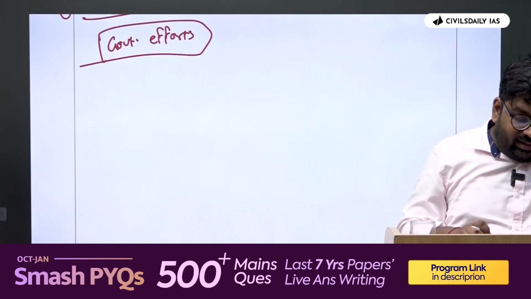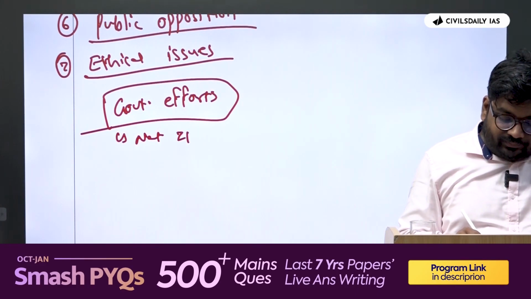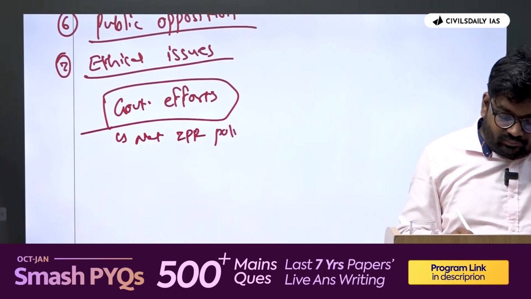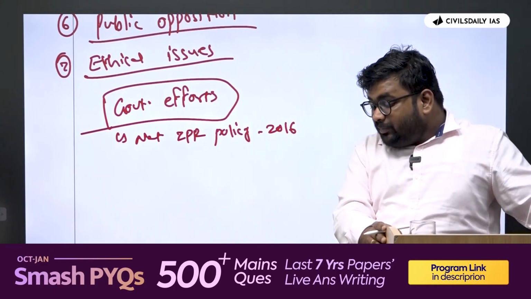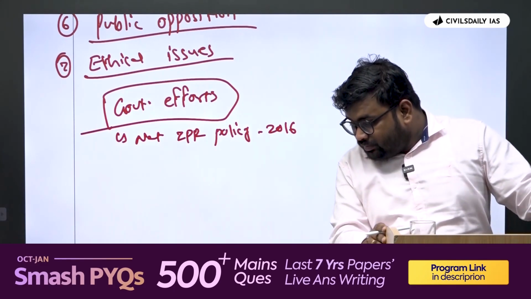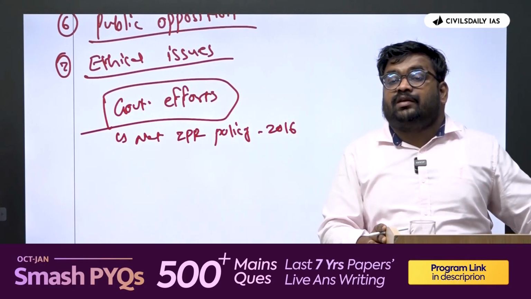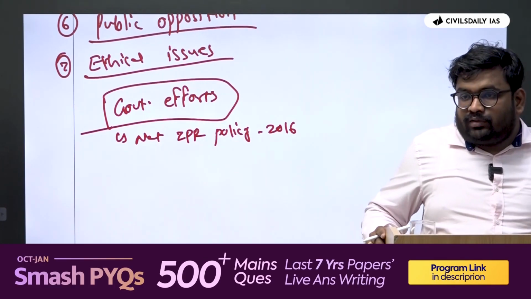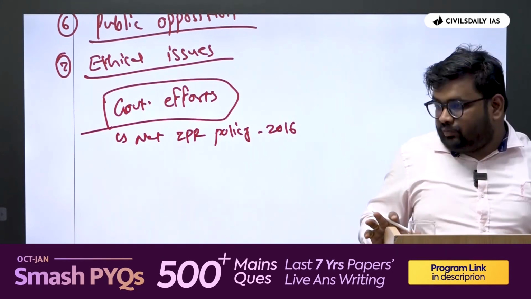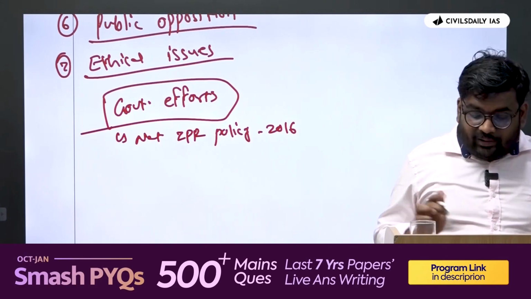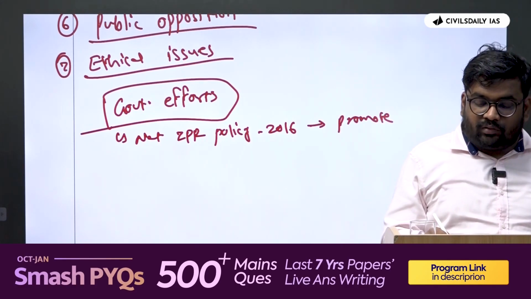So government steps, I think you know: National IPR Policy of 2016. Again, whenever you are mentioning government schemes, don't simply mention the schemes, mention the scheme and its objective. Okay, so IPR policy to promote the startup ecosystem.